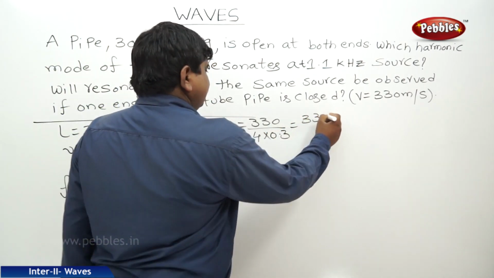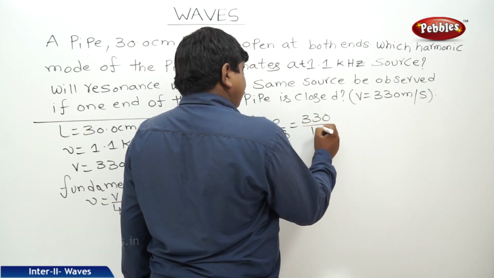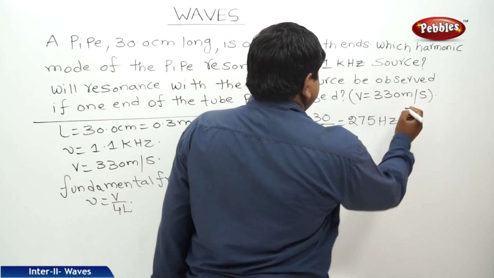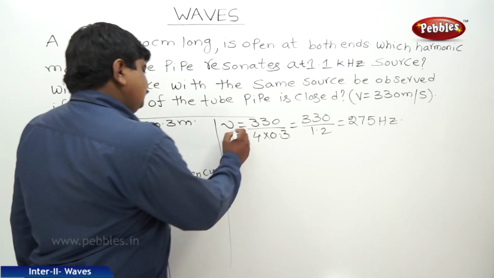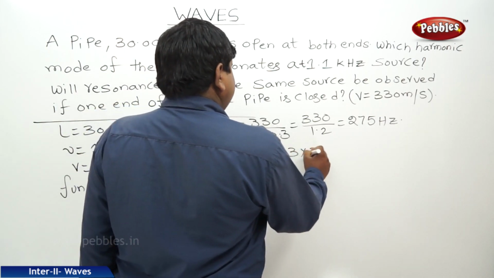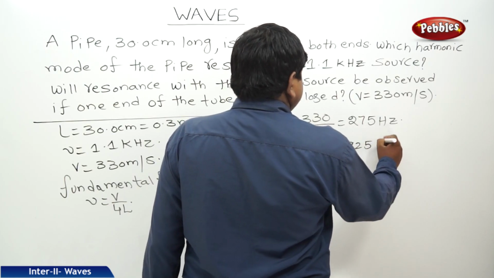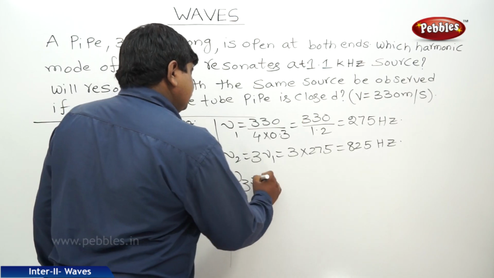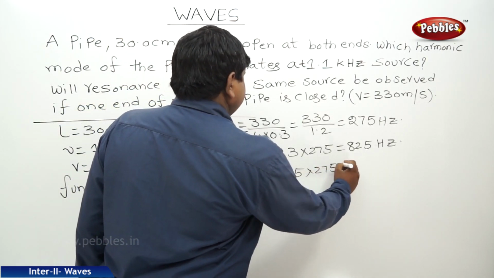Therefore it is 330 by 4 into 3 by 10, that is 330 by 1.2. It is 275 Hz. This is the fundamental frequency. The next frequency, ν2, is equal to 3ν1, nothing but 3 into 275, 825 Hz. The next frequency, ν3, is equal to 5ν1, 5 into 275.